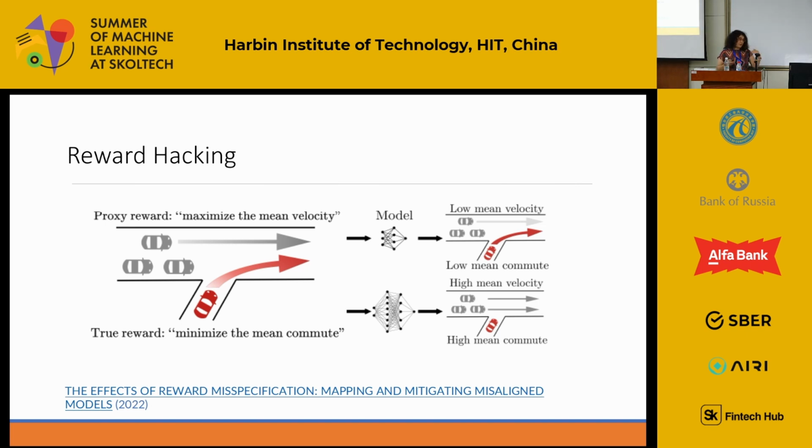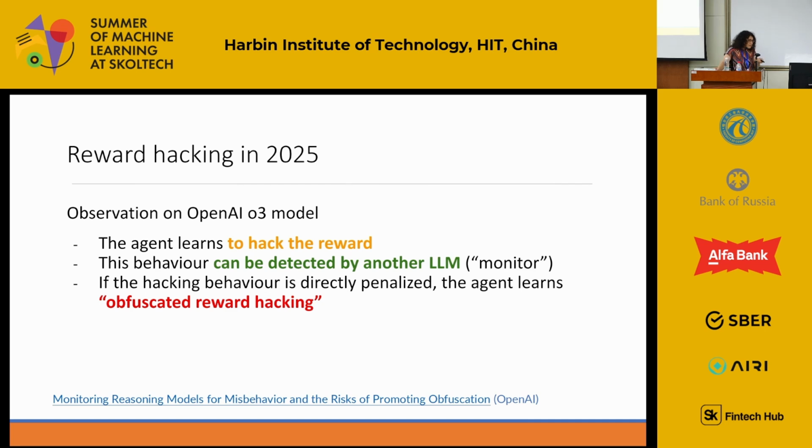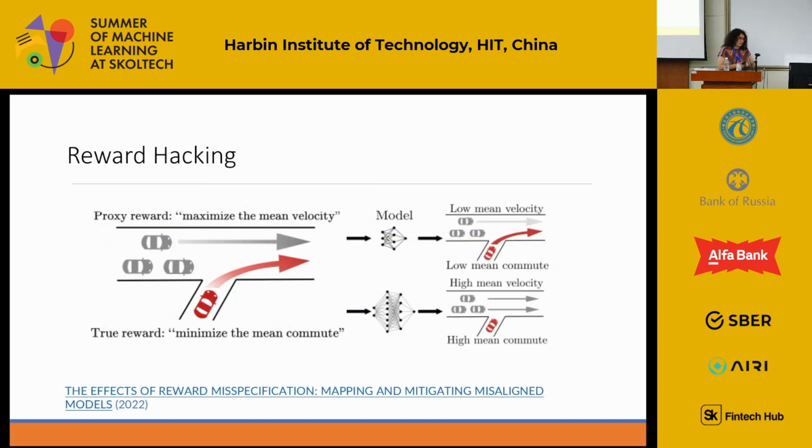And then the model at some point learns to hack this reward. In the beginning, it works well: velocity increases and commute decreases, right? But at some point, it hacks. At some point, the model learns that the red car should stop completely, because on the small roads the velocity is small, and this is only one car, and to get a better mean velocity, it's better to stop this red car and calculate velocity only among the cars moving on the big road.